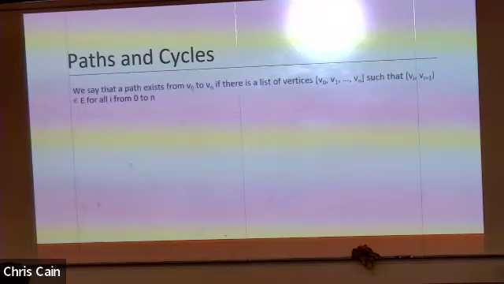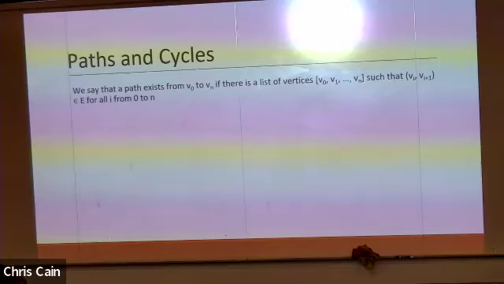So we can also talk about paths. We can say a path exists from some vertex to another vertex if there is a list of intermediate vertices such that there are edges between each of those vertices, between the source and the destination. The source of that path and the destination of that path.